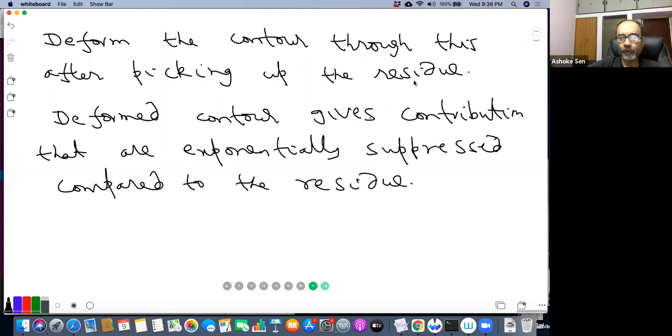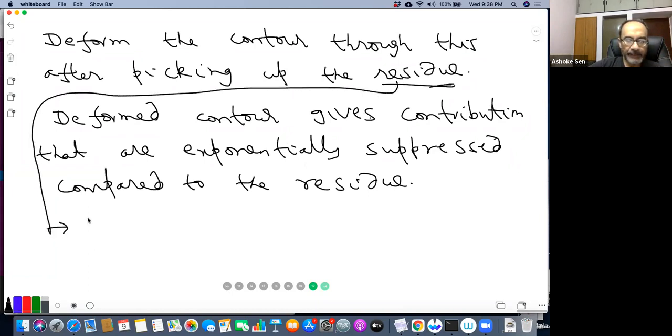So you can basically focus on the residue, because this is an exponentially suppressed contribution. Okay, if you want exponentially suppressed contributions to black hole entropy, of course you have to look at all this. But if you just want to first analyze the power law corrections, then you can just focus on the residue. Okay. So let's see how we analyze this.